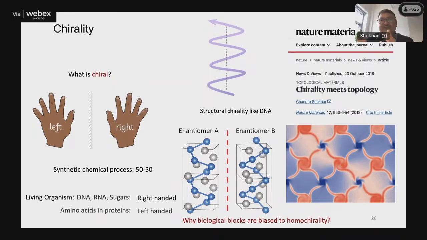Once we are able to find the origin of this handedness, the selection of the handedness inside the organism, then we have something we call the origin of life. So in sum, this is a very interesting topic for us to study chiral compounds and see all these phenomena.